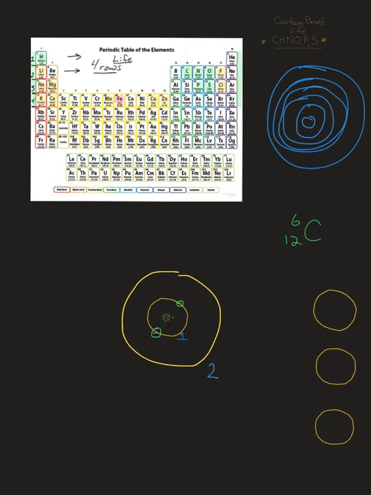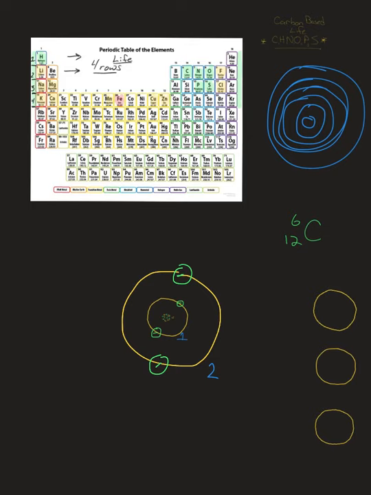That also has an orbital that can hold 2 electrons. So 1 there, 1 there. But it also has a second orbital called the p orbital that can hold 6 more electrons. So the second shell can hold up to 8 electrons.